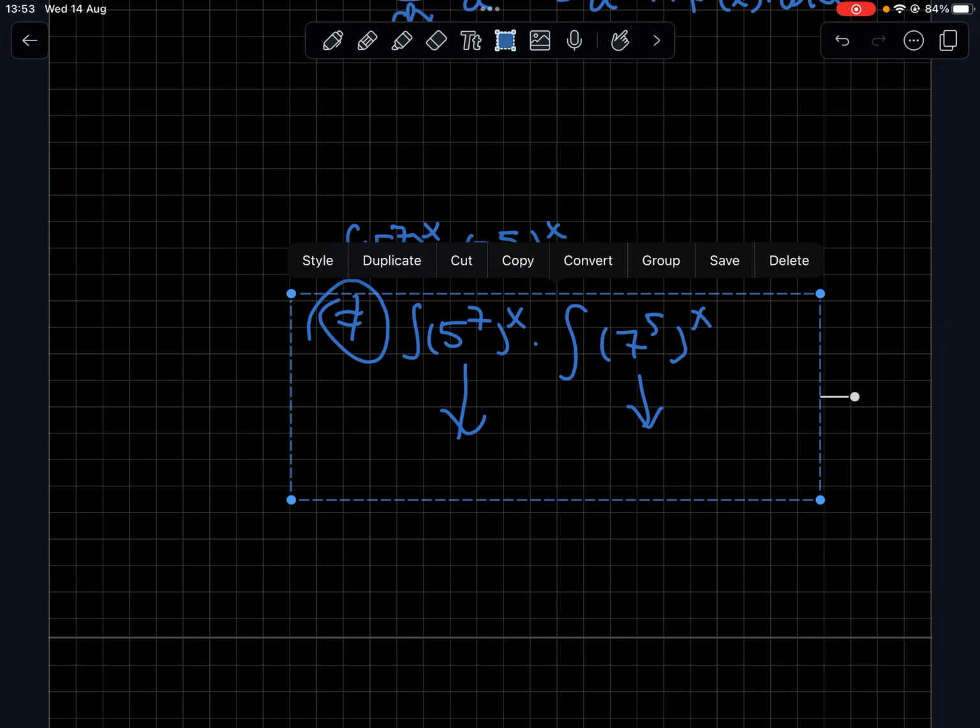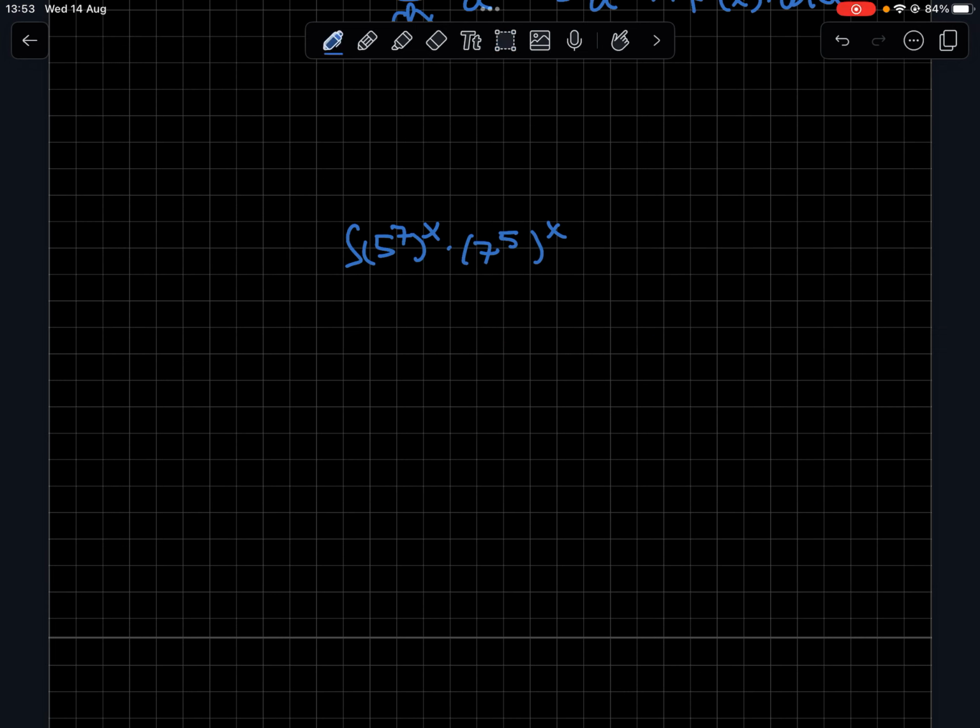But what you can do instead is combine these 2 using exponent laws. Remember, this is just the same as 5 to the power of 7 times 7 to the power of 5, all to the power of x. And this is just going to be our a. And it is a constant, so we're good to use the rule.